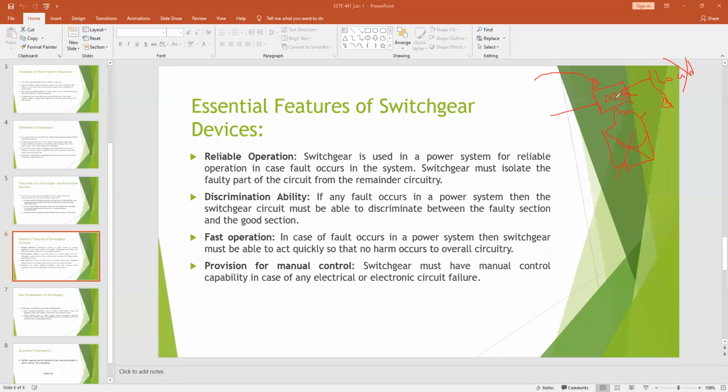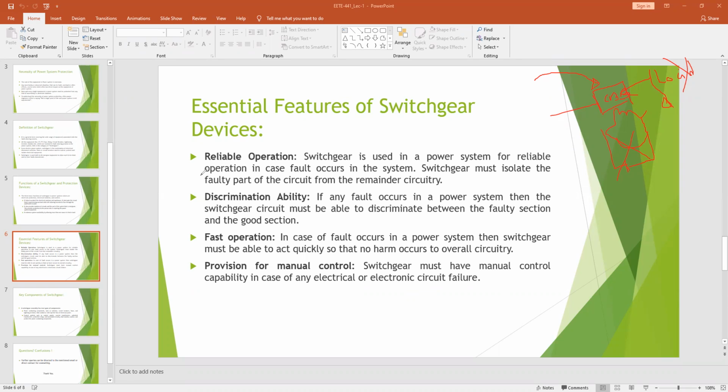If automatic operation fails, your protective devices should at least be capable of manual operation. So that has been said here: provision for manual control. Switchgear must have a manual control capability in case of any electrical circuit failure or automatic operation failure.